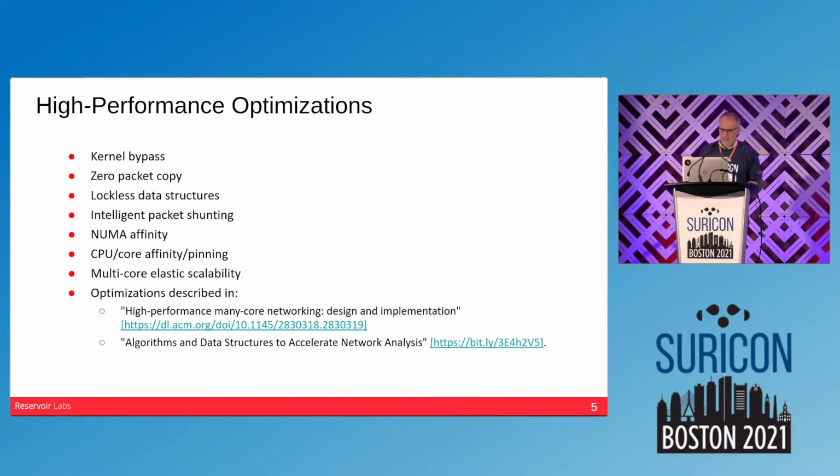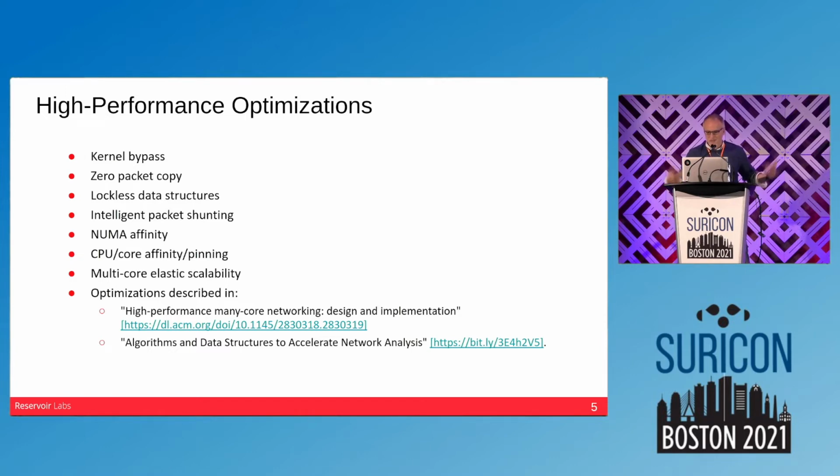It has hardware accelerated packet shunting, basically, so we can leverage the DPDK RTE flow API. Or also, you can do that in software, so there's a software way to do packet shunting. Then it supports NUMA affinity, that can be configured through the YAML. CPU core affinity as well, so you can map your processes and threads to the right core, also through the YAML.